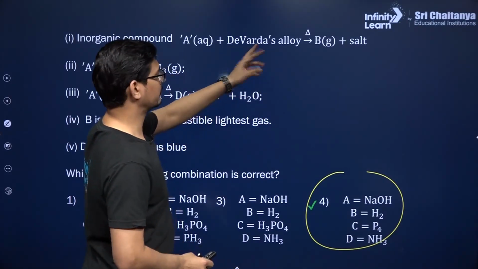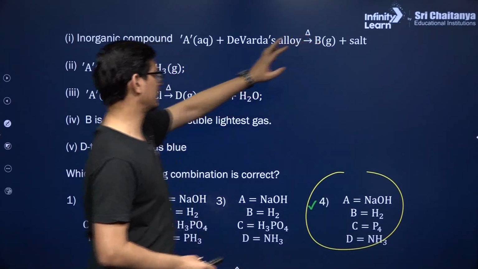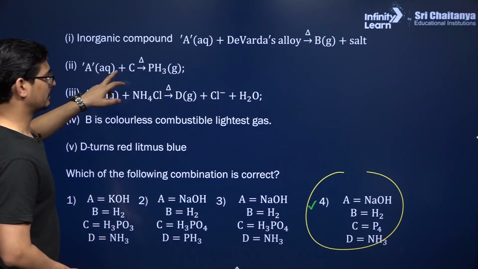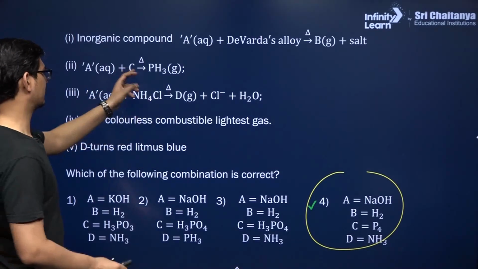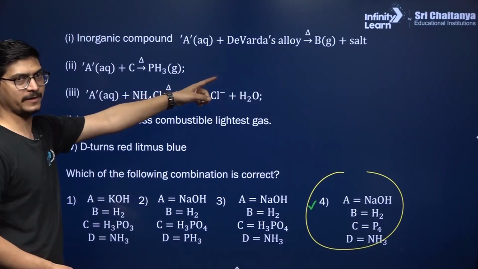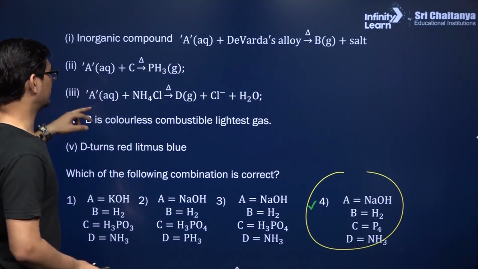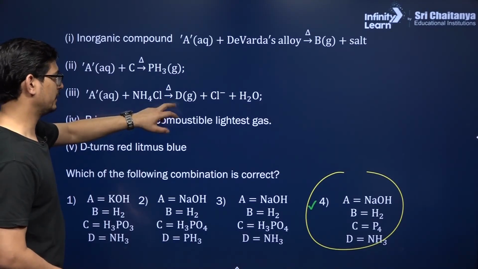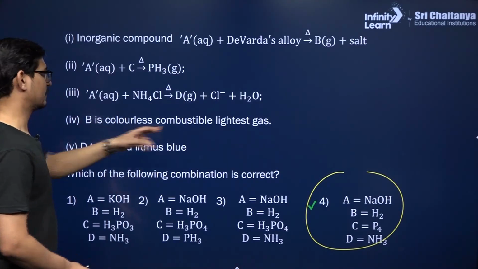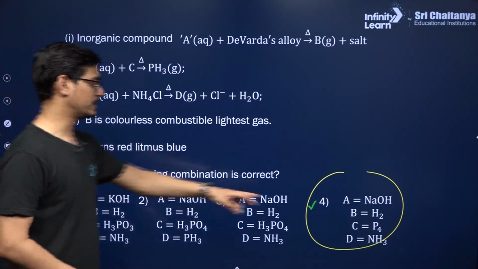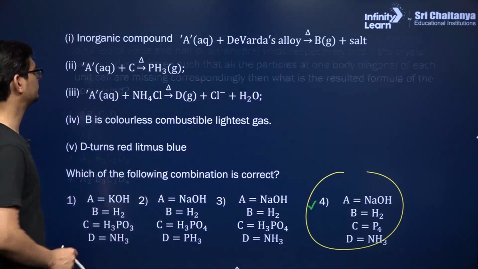So aluminum and zinc both can react and give you hydrogen gas, and then NaOH can again react with C, which is phosphorus. Yes, phosphorus reacts with NaOH to undergo disproportionation, forming hypophosphite and phosphine. And then NaOH can again react with NH4Cl, and then it gives you D, which is ammonia gas. So B is colorless combustible gas, yes, hydrogen. D turns red litmus blue, yes, ammonia. So that is the correct answer.